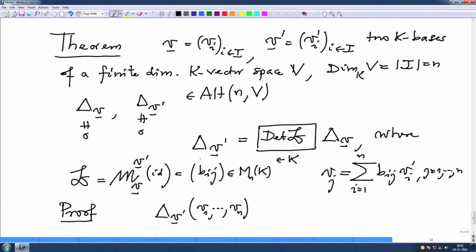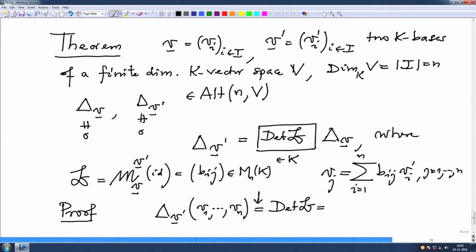On the right side, delta V evaluated at V1 to Vn is 1, so it is enough to prove this equality. Once I prove this equality, the equation is clear, because evaluating both sides on V1 to Vn gives this, and it is uniquely determined by this tuple.